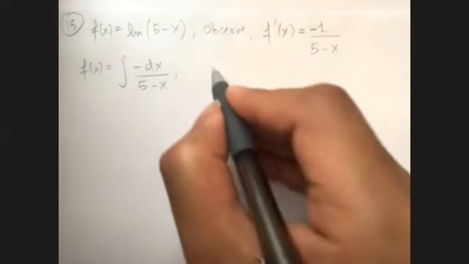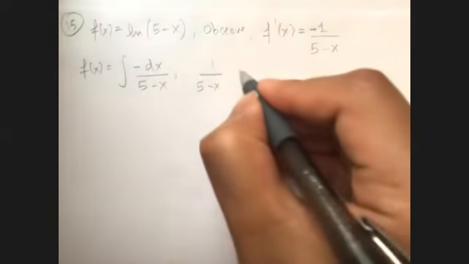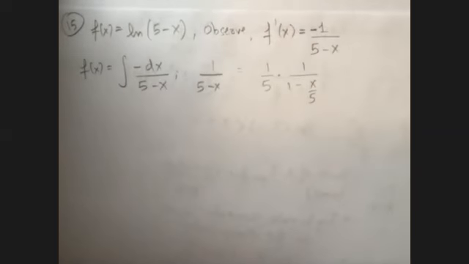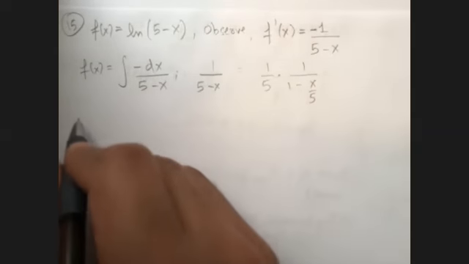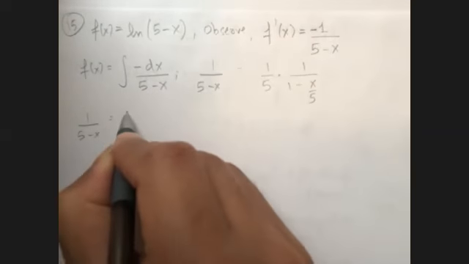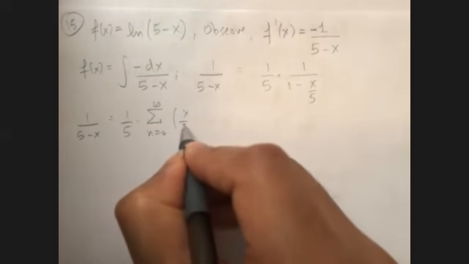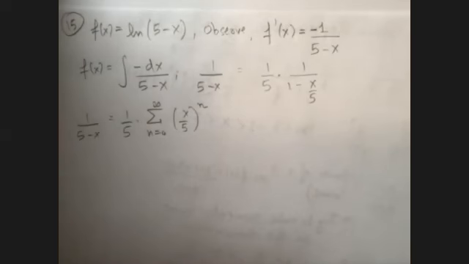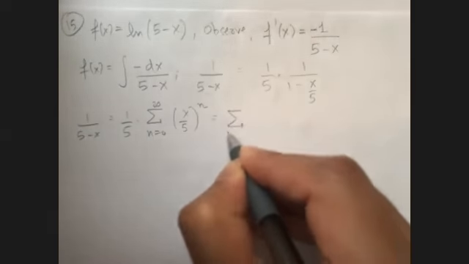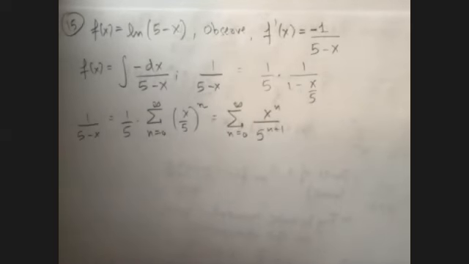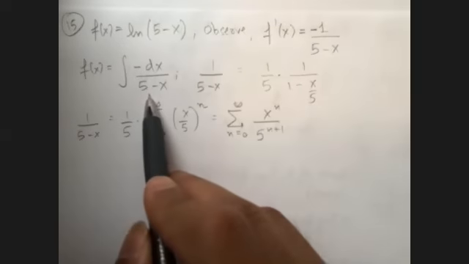Now let's write down what this series is. 1 over 5 minus x equals, if we factor out 5, the same thing that we have been doing. So now we substitute the series over here.